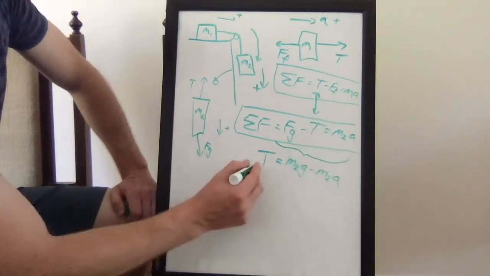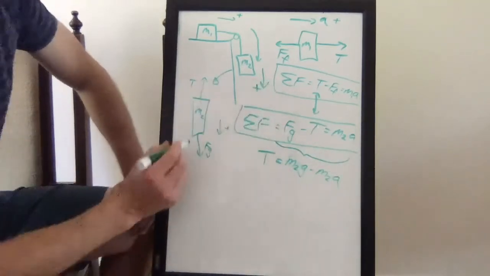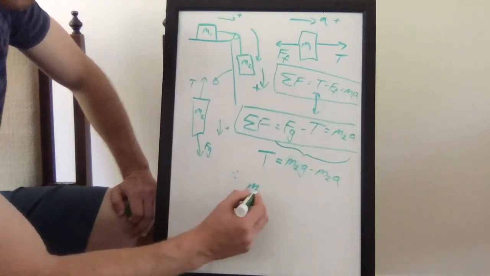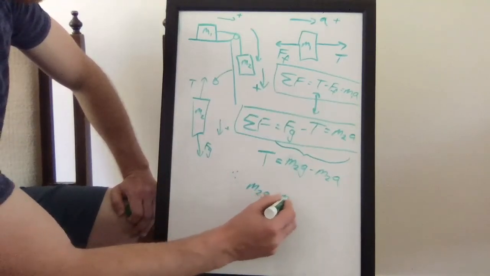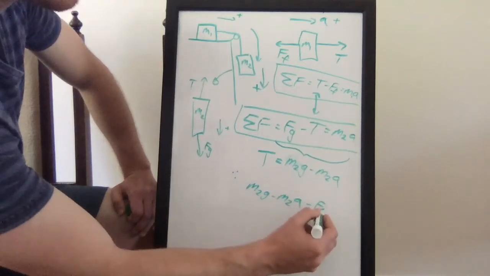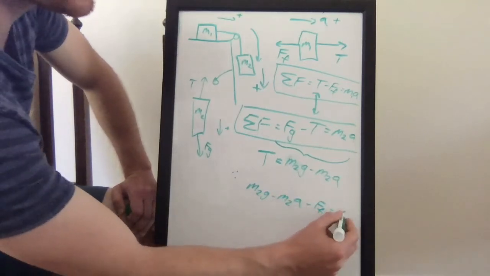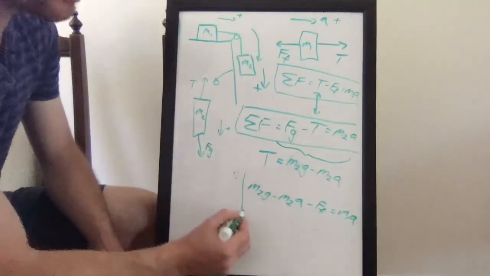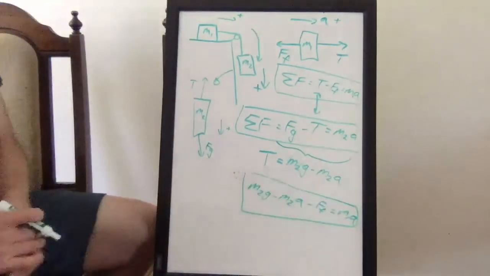And now I'm going to plug this into my first equation. So my first equation becomes M2g minus M2a minus the force of friction equals M1a. Okay, now this equation is where the magic happens.